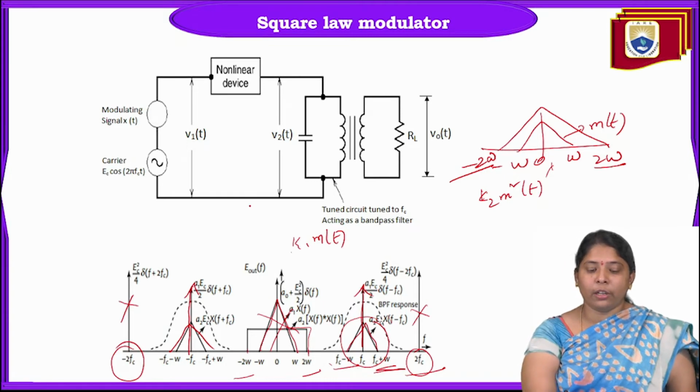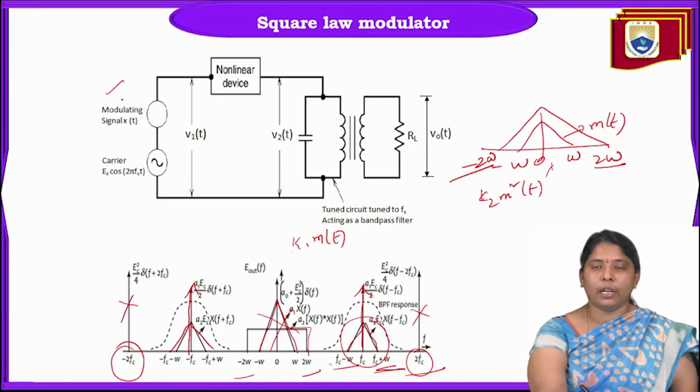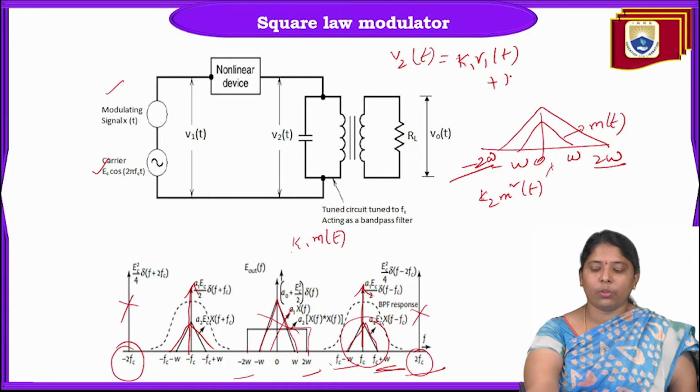From the circuit point of view, we have the modulating signal and carrier signal combined together and given to a nonlinear device which exhibits these characteristics. What are the characteristics of the nonlinear device? Here V2 of t is the output of the nonlinear device. It is K1 into V1 of t plus K2 into V1 square of t.